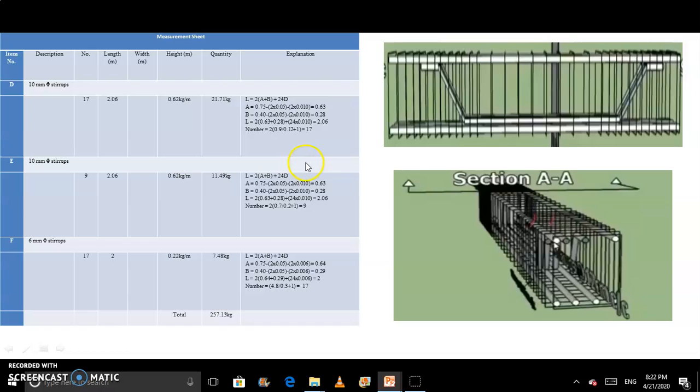Now we have to find the number of stirrups. So how do we find the number of stirrups? Number of stirrups is equal to 0.9 upon 0.12. So 0.9 is the length and 0.12 is the center to center spacing. Why do we provide 0.9?